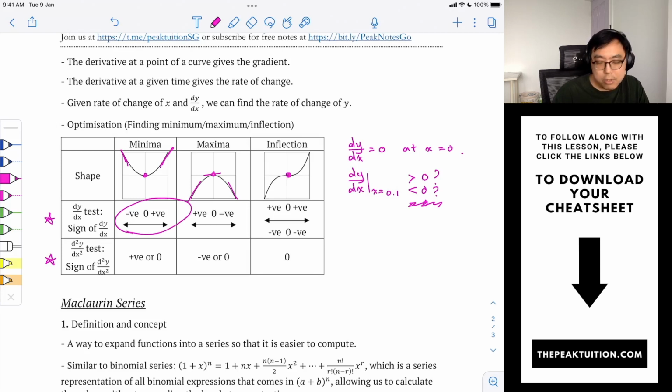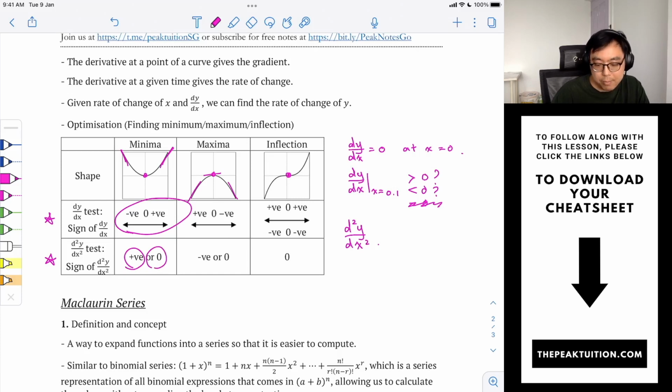This method is a little bit more troublesome because now you have to substitute more values in, but it's the most conclusive one. The second method is more straightforward because when you differentiate twice, the minimum point could give you a positive second derivative or 0.